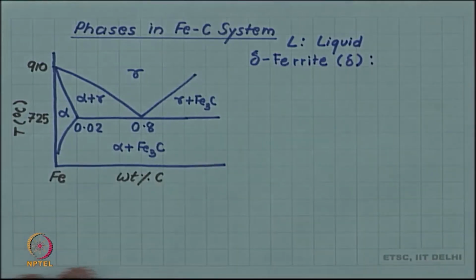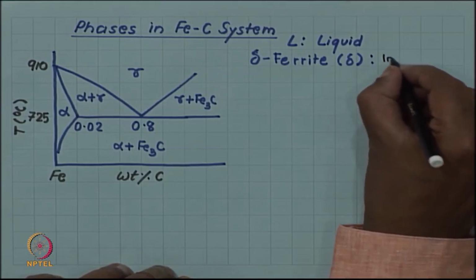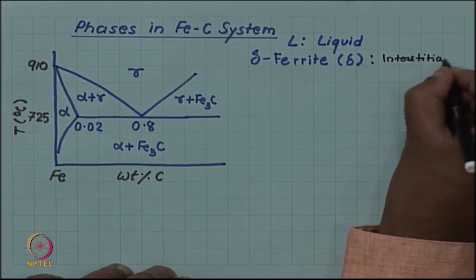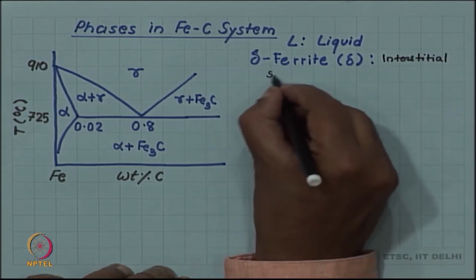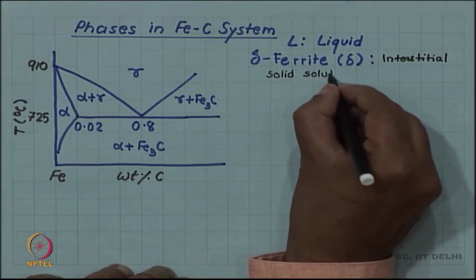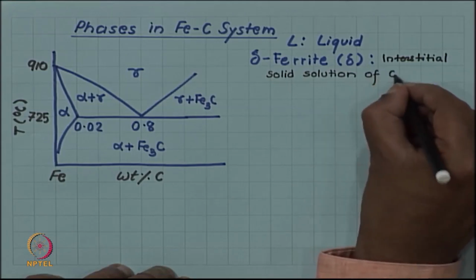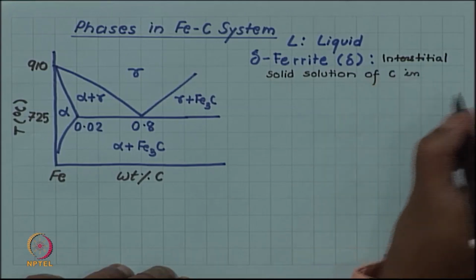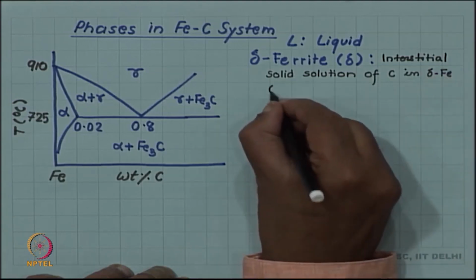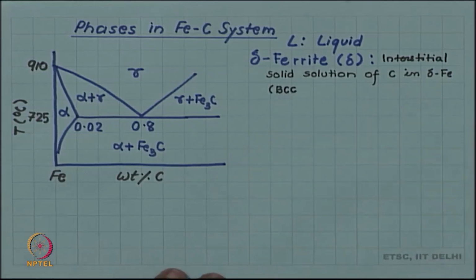This is nothing but an interstitial solid solution of carbon in delta iron, and delta iron is nothing but the BCC form of iron at high temperature.